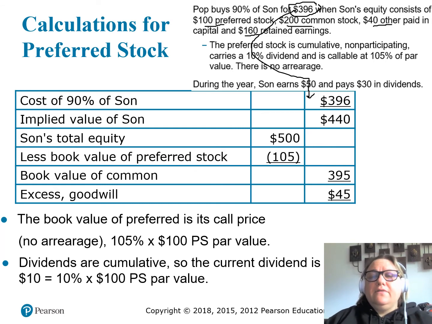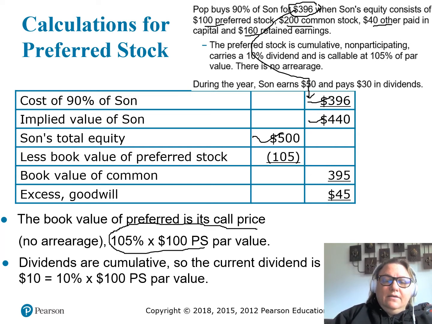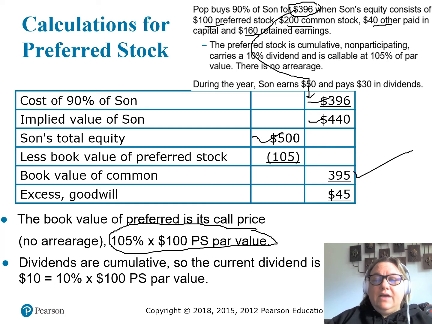Okay, book value of preferred stock. Now we have to subtract. We've got this part, done these, we're here, 105. So the book value right down here, look at this, they made the calculation over here for you. They're so nice, look at that. Friendly, book value. So this gets subtracted off, and this gives us 395.